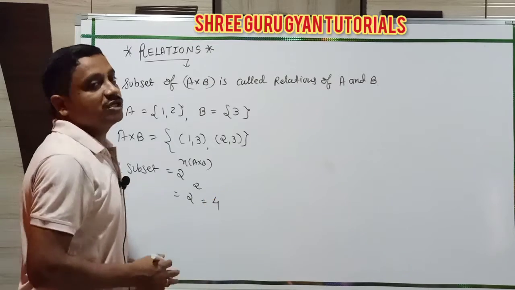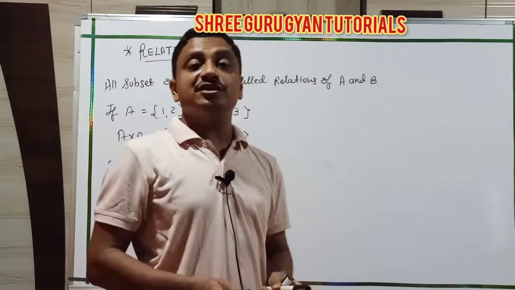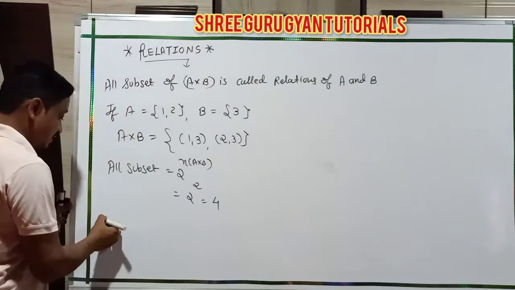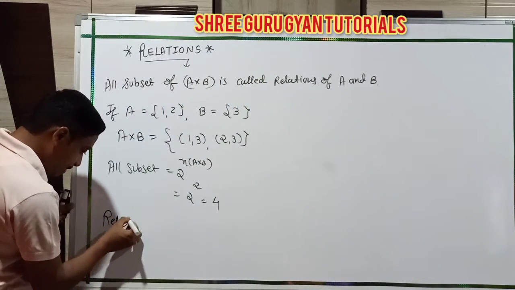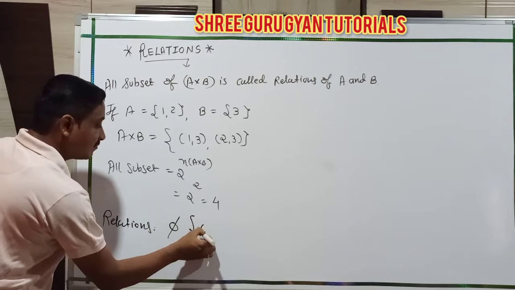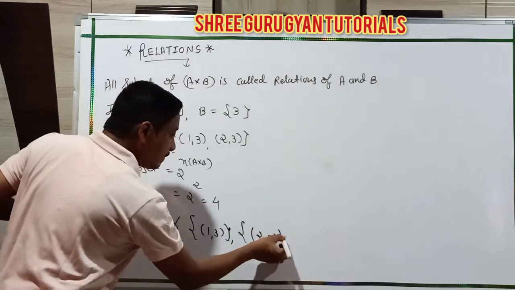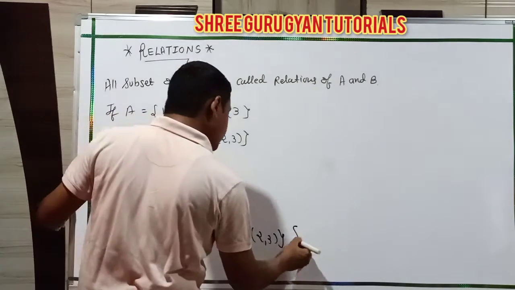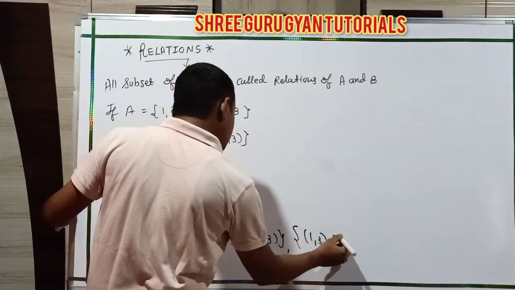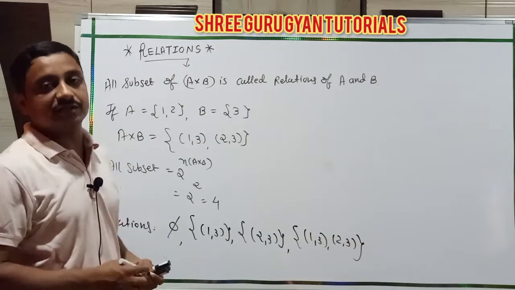It means, students, 4 subsets are available, so here 4 relations are available. So what are the relations? One is the null set, after that {(1, 3)}, after that {(2, 3)}, and last {(1, 3), (2, 3)}. These are our 4 relations.